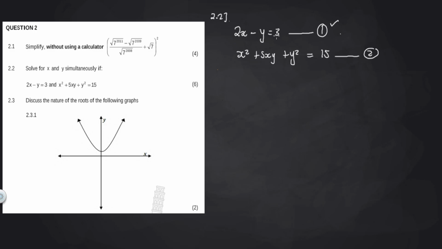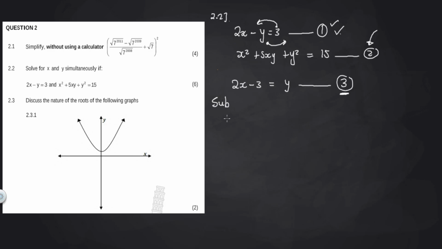So we take the 3 and transpose it to the left, take y and transpose it to the right. Therefore we end up with 2x minus 3 equal to y. This is my equation 3. You take equation 3 and substitute it into equation number 2.